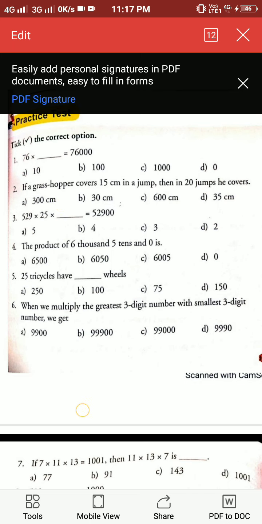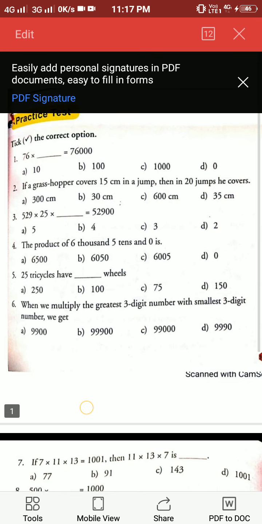Now next is 529 multiplied by, they have not given, this is for you, is equal to 52,900. How can we do this, students?